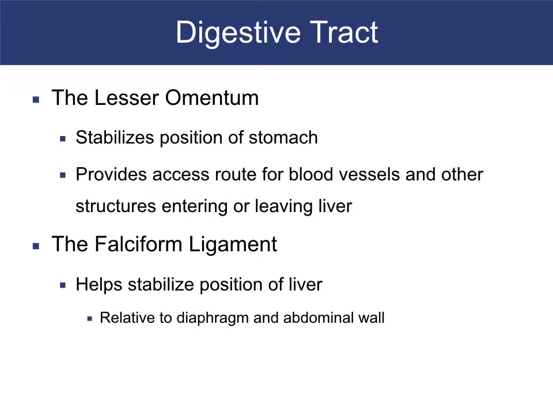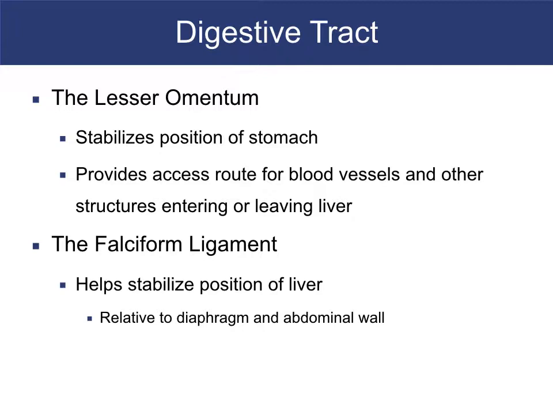All right. The lesser omentum is the other portion of the ventral mesentery that persists, and it is a piece of kind of a mesentery that comes in from the front that provides access for the blood vessels and the other structures entering and leaving the liver. So kind of the liver and the stomach have blood vessels running through this lesser omentum, and you will need to be able to identify the lesser omentum on your cats.